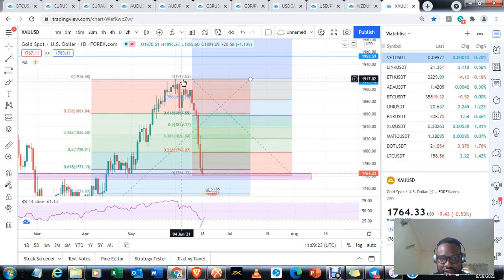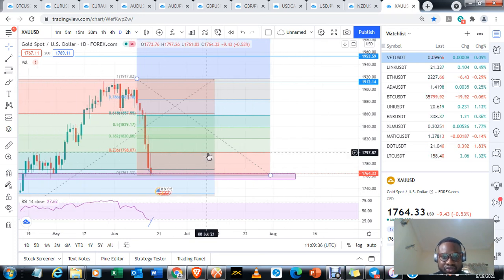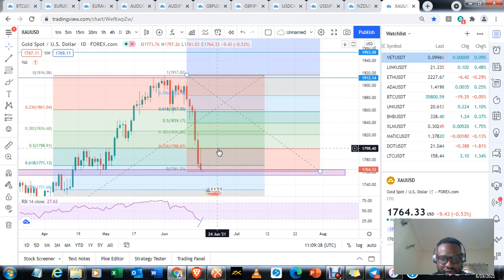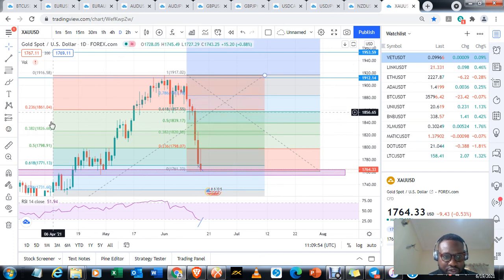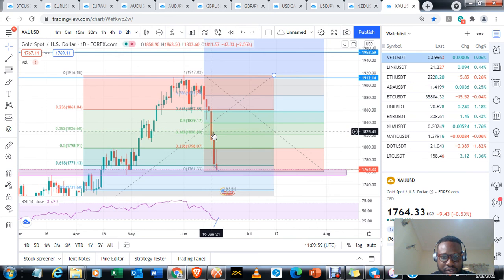You can see this 23% retracement from this move down also coincides with the 50% retracement from this move up. So this is probably going to be a strong level where I want to take profits. That's why I set my take profit target 1 at that level, and my take profit target 2, which is at this level, also coincides with the 38.2 fib level just here.